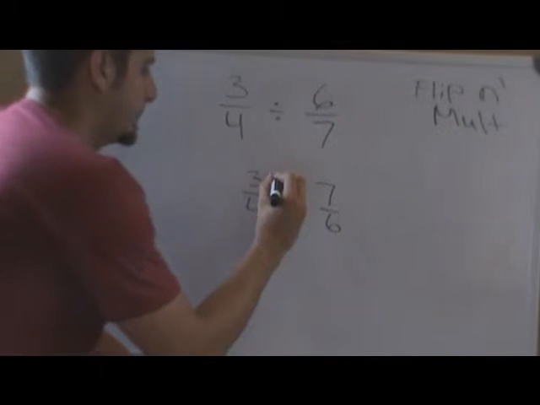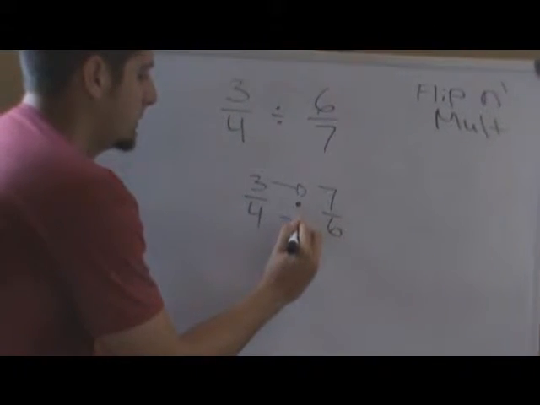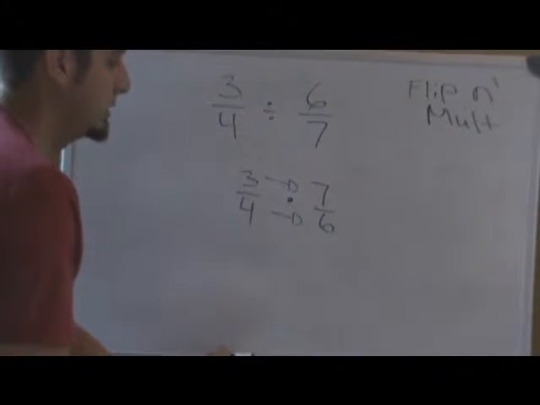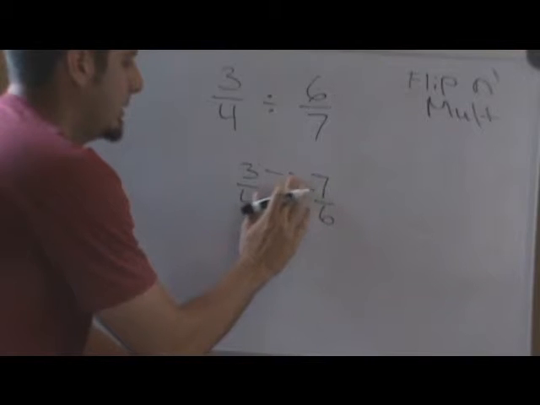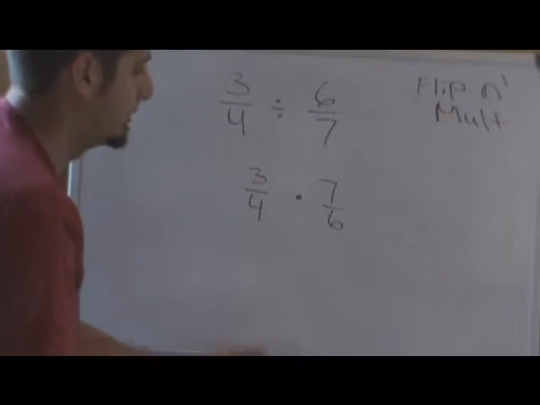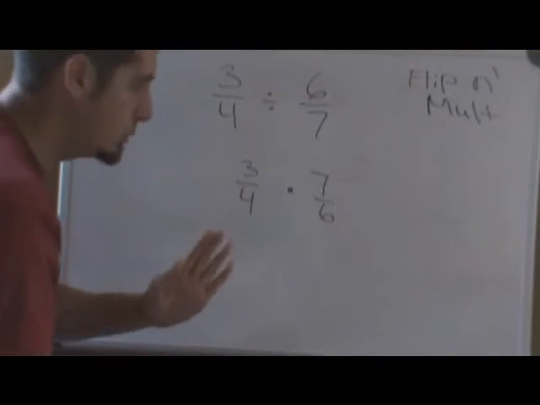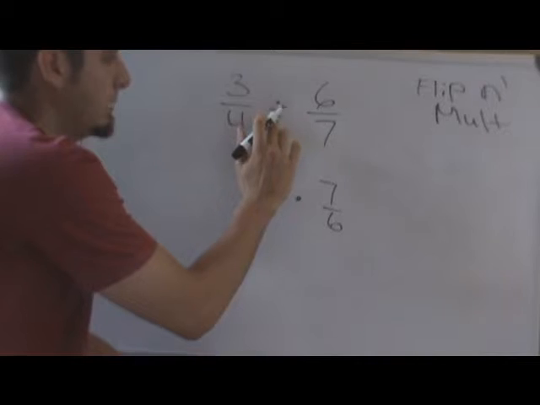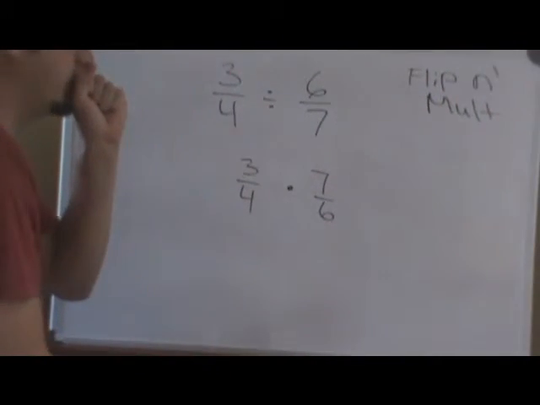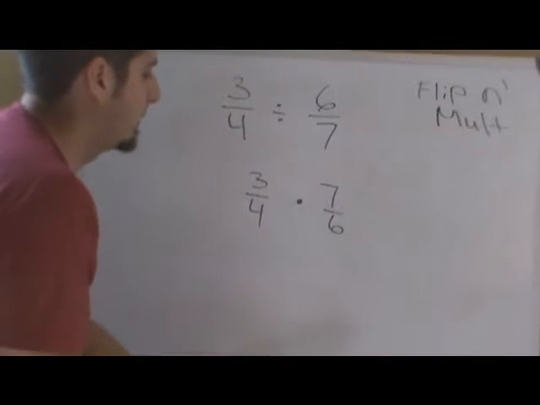So for example, after I flip and multiply, I can now multiply straight across, or before I do that, since I have a multiplication problem now, I can cross cancel or diagonal reduce. I could not cross cancel up here because I'm dividing. Cross-canceling only works when you're multiplying fractions.